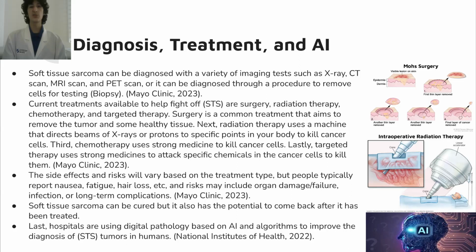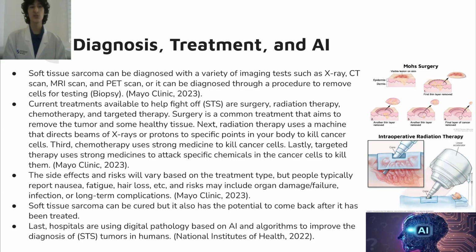Mohs surgery is a common treatment that aims to remove the tumor and some healthy tissue, and radiation therapy uses a machine that directs beams of X-rays or protons to specific points in your body to kill cancer cells. Third, chemotherapy uses strong medicine to kill cancer cells, and lastly, targeted therapy uses strong medicines to attack specific chemicals in the cancer cells to kill them.